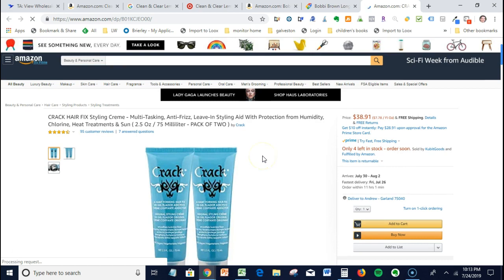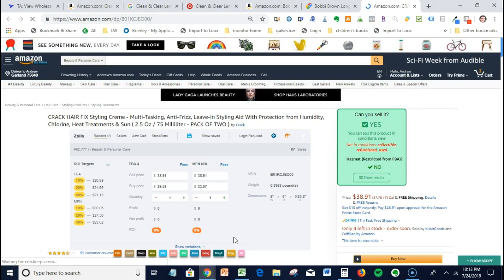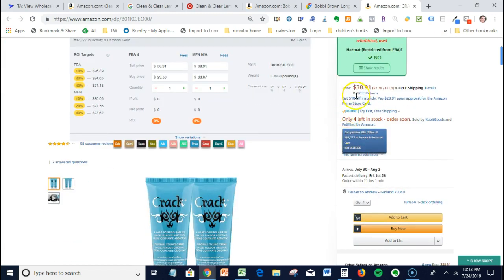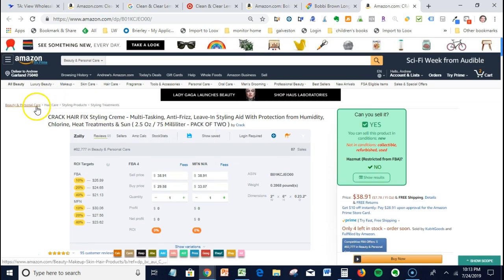Okay, so this is the 2-pack here, and the profit is $33.29. Now it says $43 here. Now it's actually dropped already quite a bit to $38. So that's not good. Let's just take a look and see.